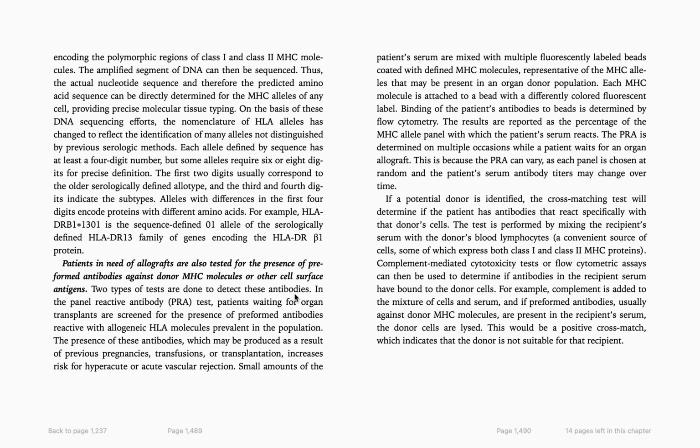On the basis of this DNA sequencing effort, the nomenclature of HLA alleles has changed to reflect the identification of many alleles not distinguished by previous serological methods. Each allele defined by sequence has at least a 4-digit number, but some alleles require 6 or 8 digits for precise definition. The first 2 digits usually correspond to the older serologically defined allotypes, and the third and fourth digits indicate subtypes. Alleles with a difference in the first 4 digits encode proteins with different amino acids.